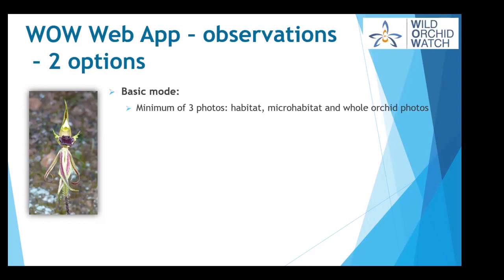You can put in more pictures than what is actually requested, and that's always a good idea, particularly as with some species, it might be the back of the sepal that you need to look at, or the leaf or whatever. So different angles, the column, for instance.